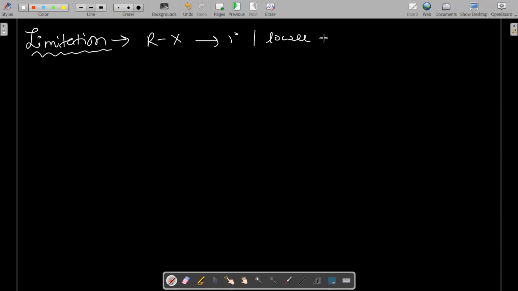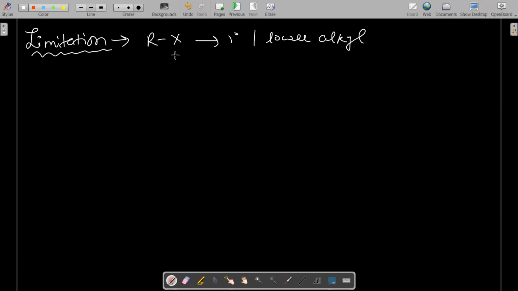So we can say there is a limitation. What is the limitation of this Williamson synthesis reaction? The alkyl halide should be 1 degree with lesser carbon atoms or a lower alkyl group, and the alkoxide may be 1 degree, 2 degree or 3 degree.